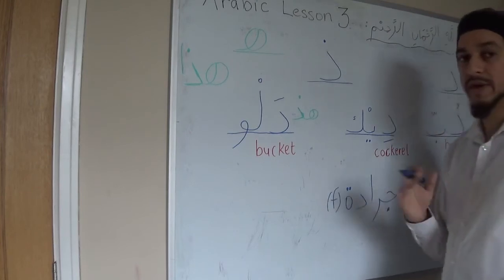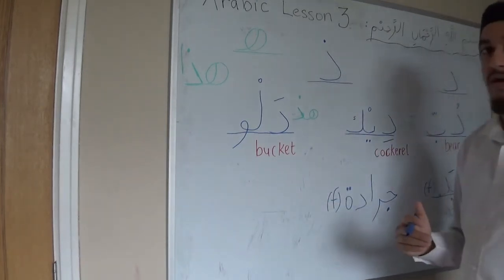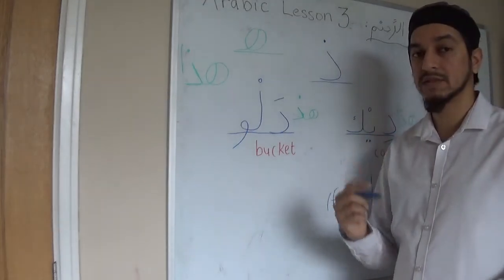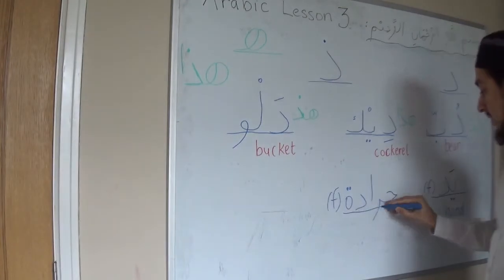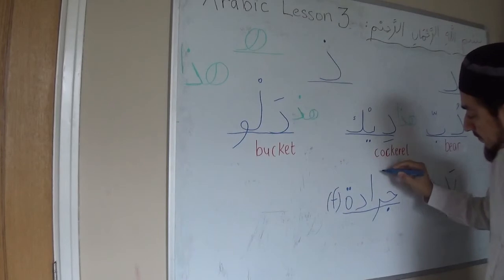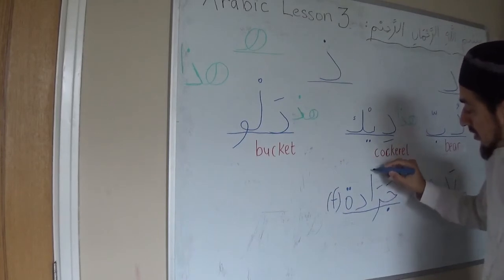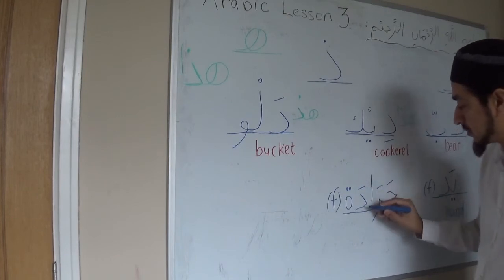Any body parts that we have, yad, if you have 2 of them, it's a female word. Jarada. So the ra has come beneath, but here's an alif. This is not a hamza. We're saying jara. It's not making a noise anywhere. Jarada.